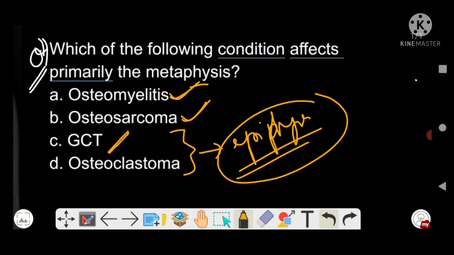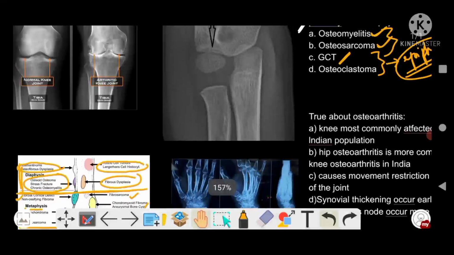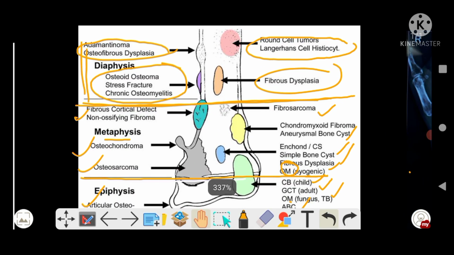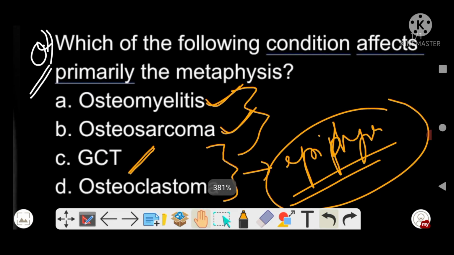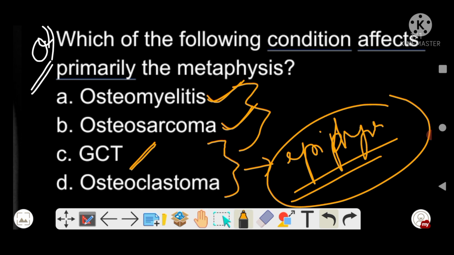Let's see the diagram again. Osteomyelitis occurs in your metaphysis, plus osteosarcoma also occurs in your metaphysis. So for this question, I will say option A and option B, osteomyelitis and osteosarcoma, occur in your metaphysis region.